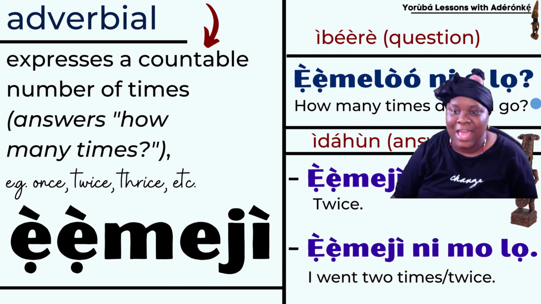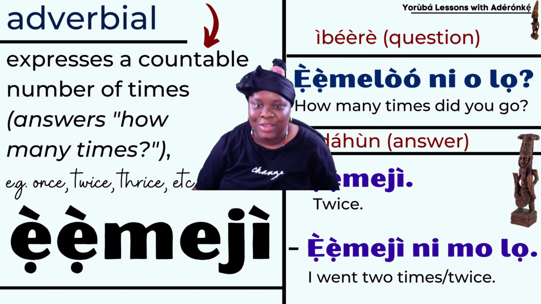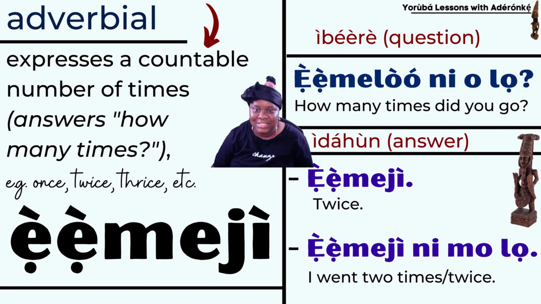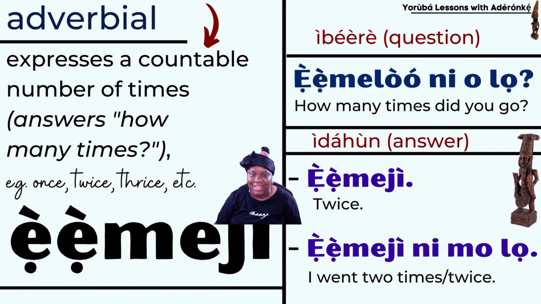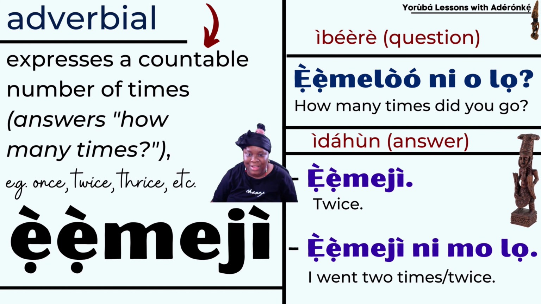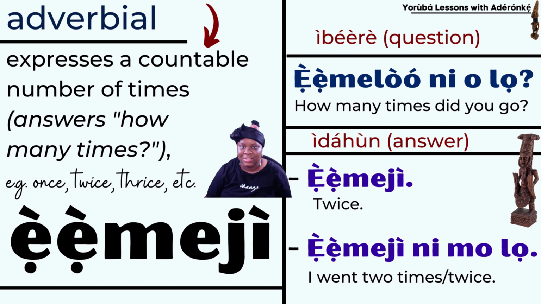So in the ẹ̀ẹ̀mejì case, it's qualifying an adjective, so to say. It's modifying or qualifying an adjective, Méjì, that's the adjectival form of 2.